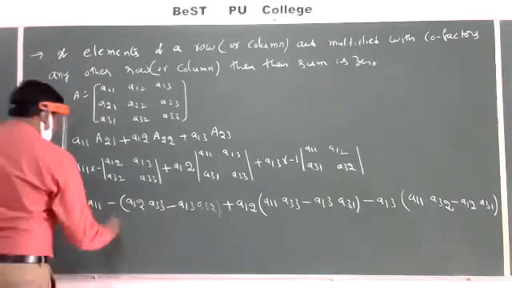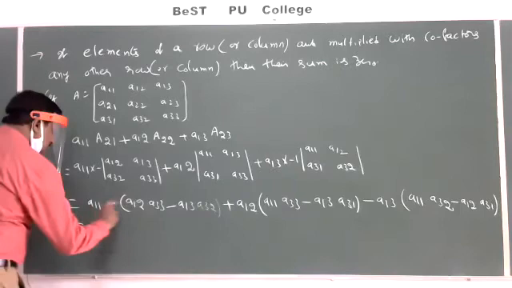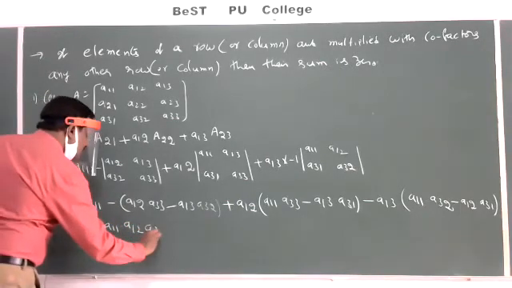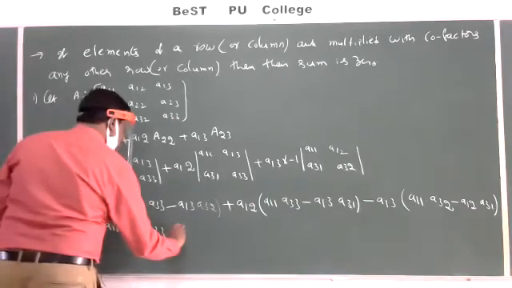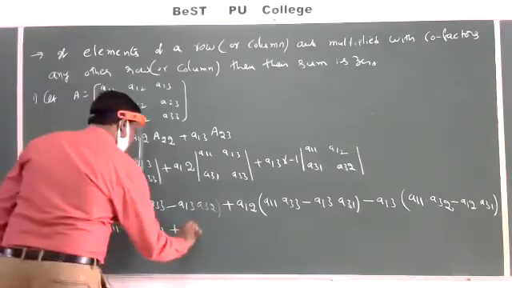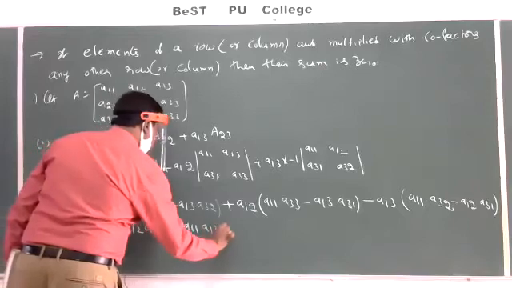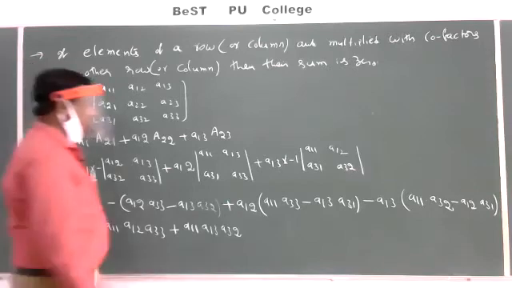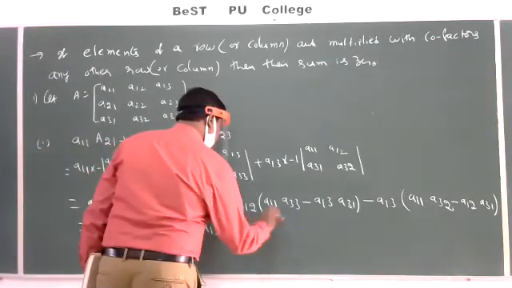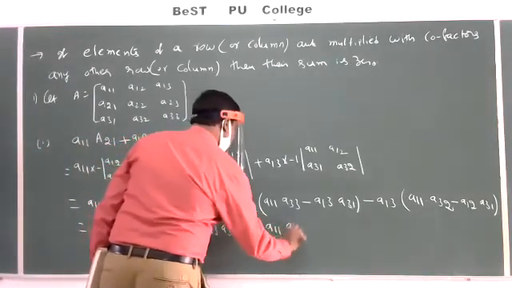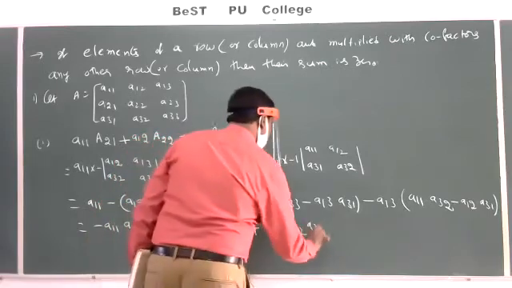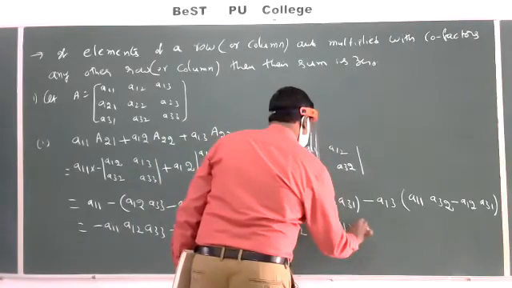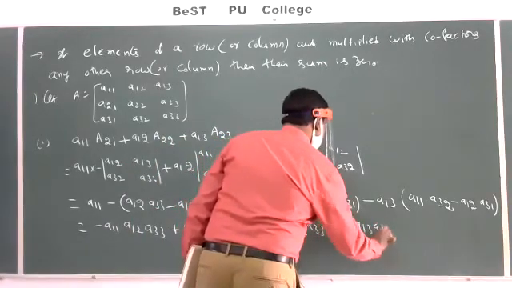Now if you multiply this out, it is minus A11 A12 A33, and minus into minus gives plus A11 A13 A32. Next plus A11 A12 A33, and plus into minus gives minus A12 A13 A31. Then minus A11 A13 A32, and minus into minus gives plus A12 A13 A31.